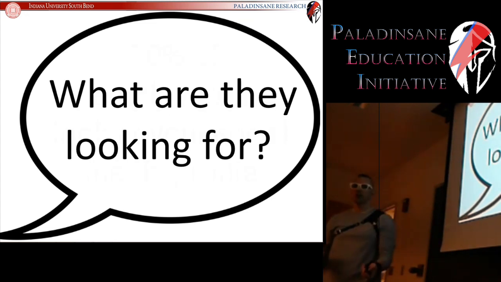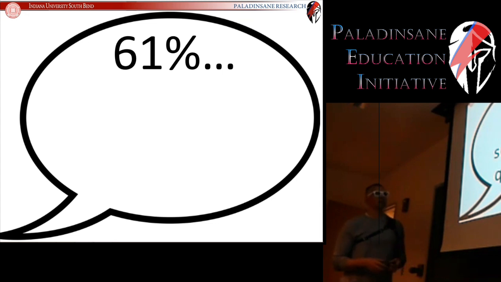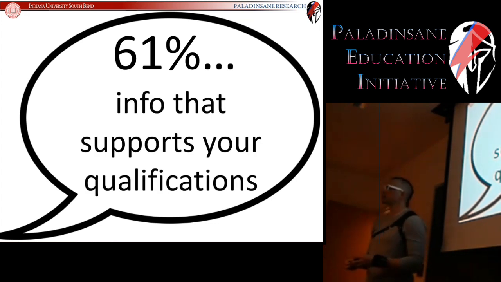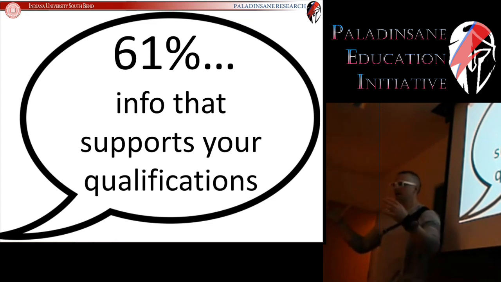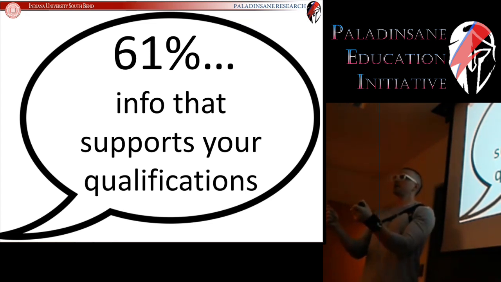So what is it that they're looking for? Well, 61% are looking for information that supports your qualifications. I am always amazed at how many graduate school applications mention that they have loved psychology forever, that they are dedicated to psychology, that it's a main area of interest.